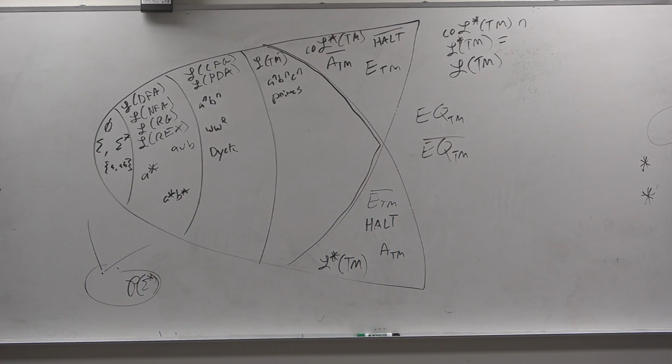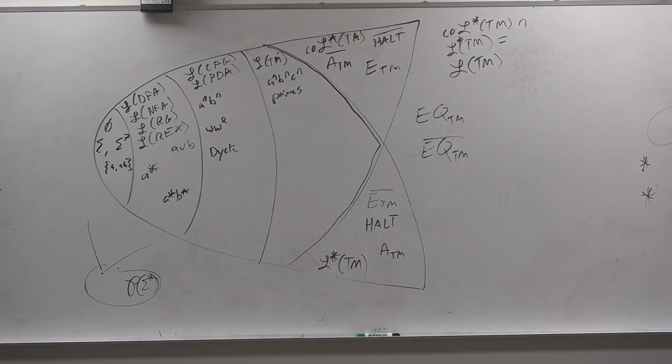Yes? So, for this proof, those last 2 lines where you're saying if M, W is in halt and if M, W is not in halt, that's obviously most of the proof, but what I'm confused about is specifically how L of M prime, how you can differentiate between the sigma star and the empty set.